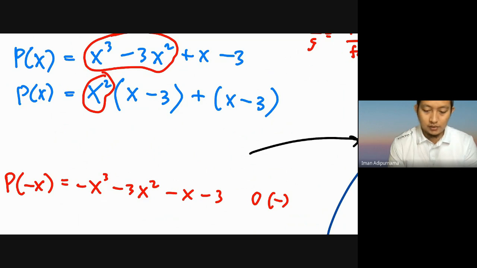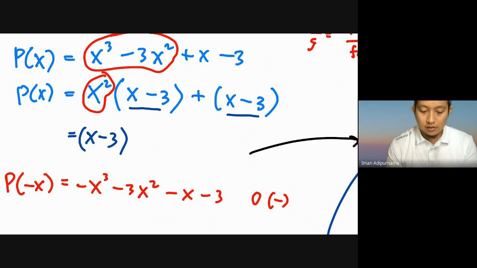Okay, you got this, right? Factor out x minus 3, so x minus 3 here, x minus 3 here. And then this is x squared, this is plus 1, so this will be x squared plus 1.